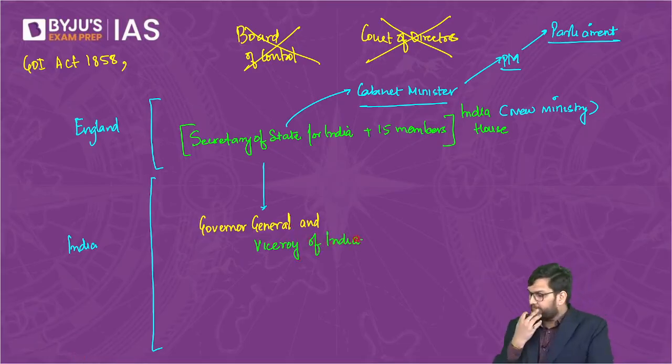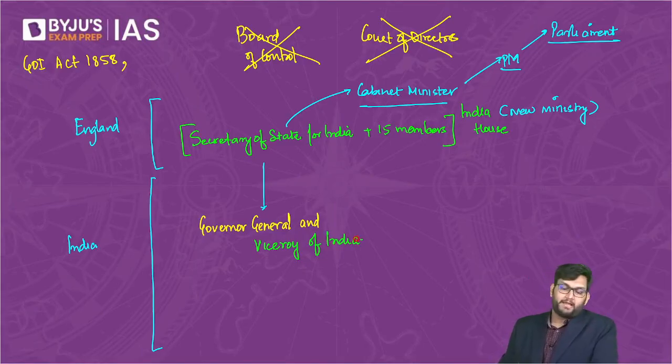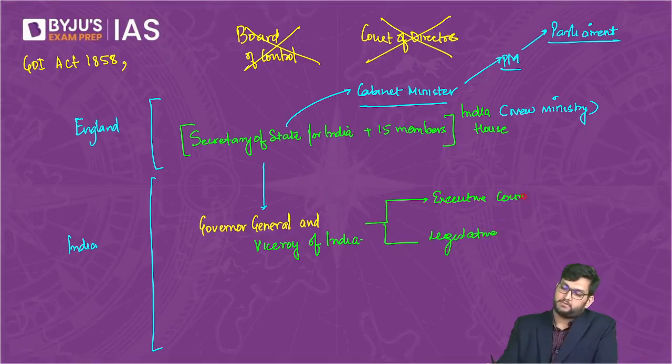This is the same person. And he will have his executive council. He will have his legislative council. That way, nothing really changes. And the three governors still remain.